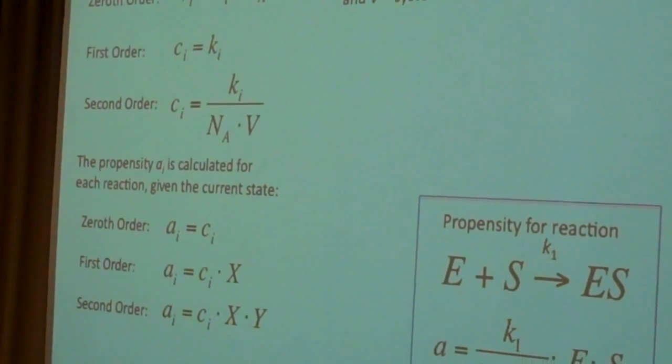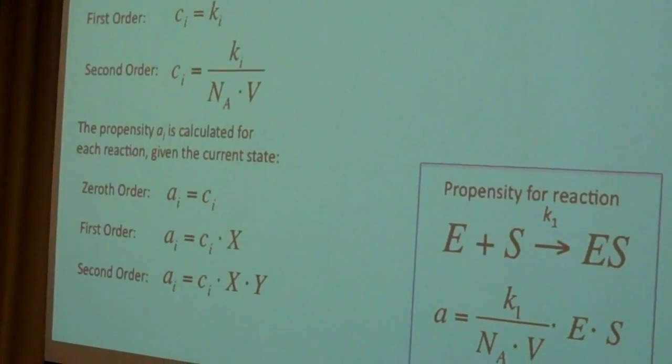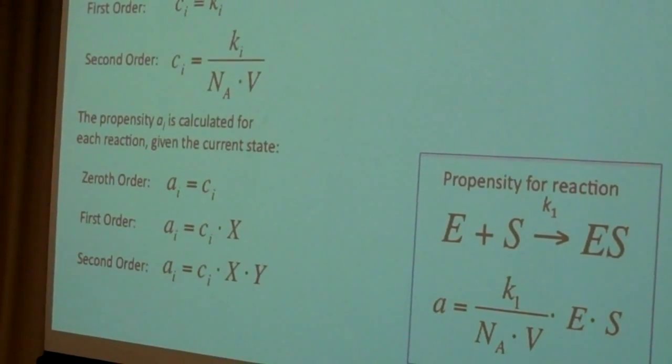A propensity is basically the likelihood that a reaction will occur relative to other reactions. So if there's a lot of enzyme and substrate, then this reaction will have a high propensity. As the amount of substrate decreases to 0, this reaction will have a very low propensity. And you can see that makes sense with how the reaction propensity is calculated.